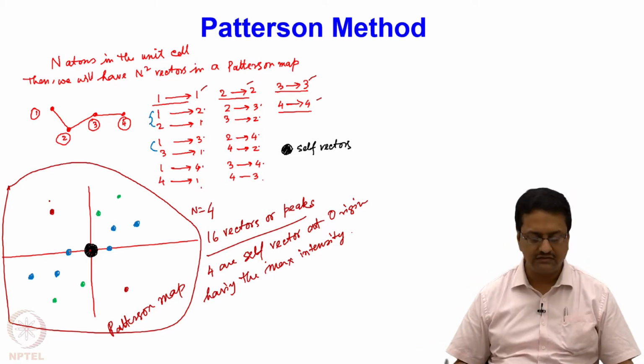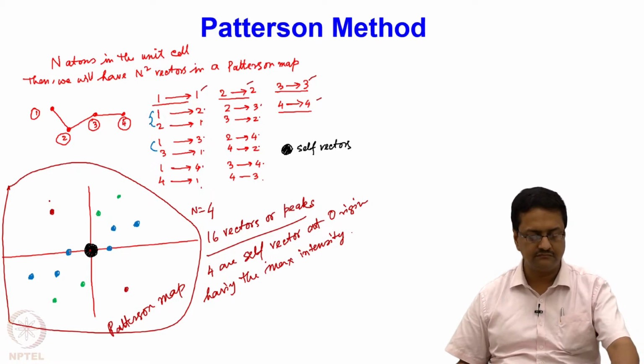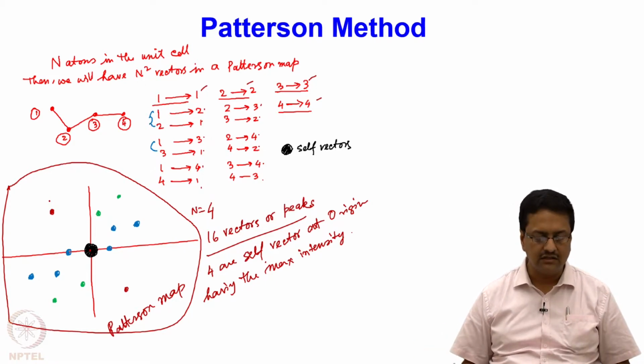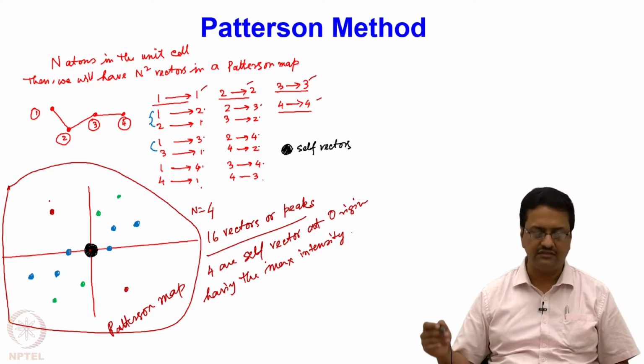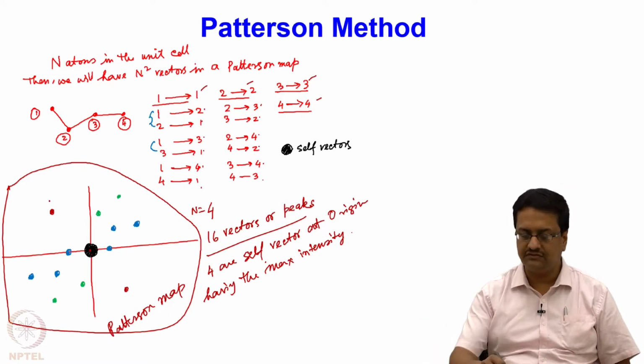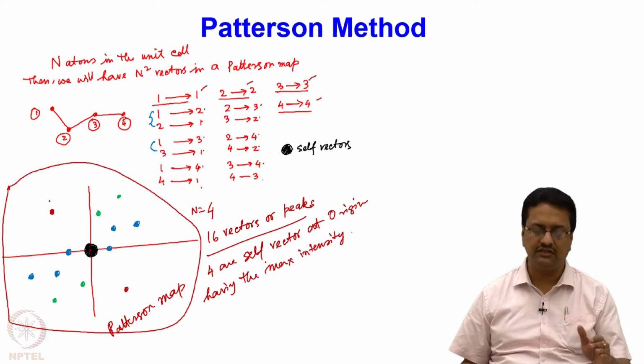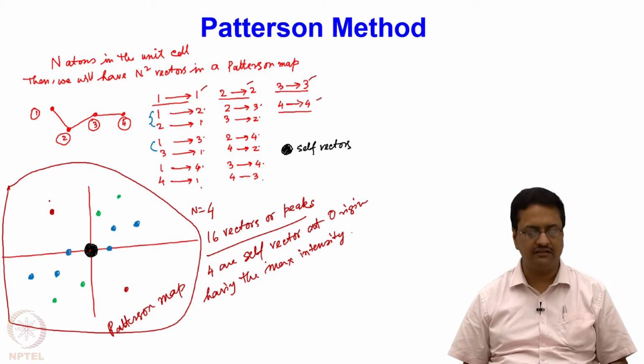So, the most useful feature of this Patterson map is the presence of peaks at certain positions, which we have drawn here, and this indicates the information about the symmetry elements present in the unit cell.